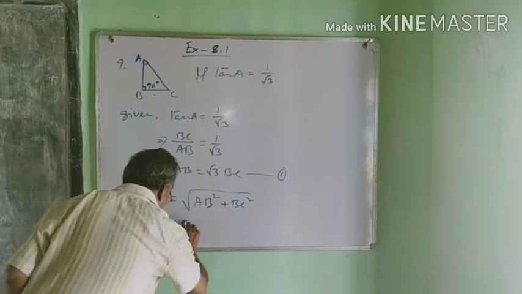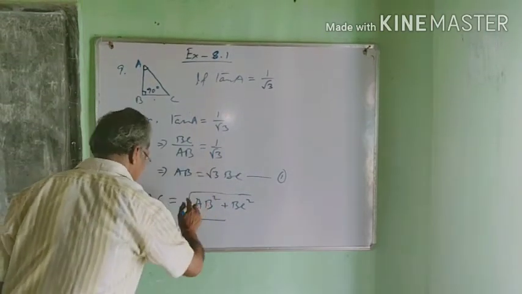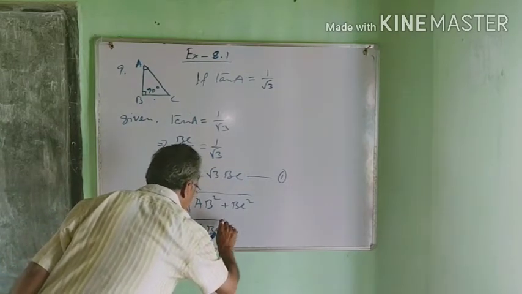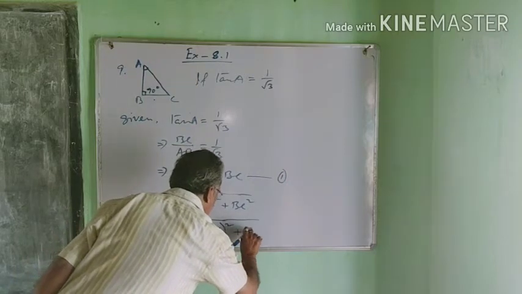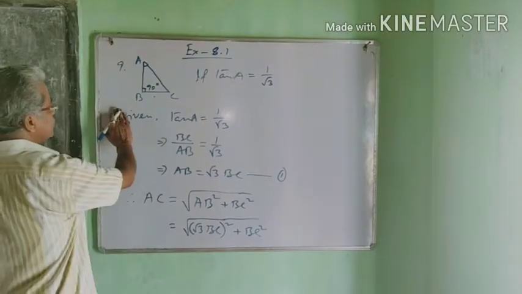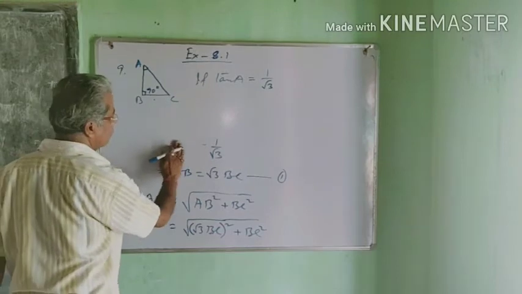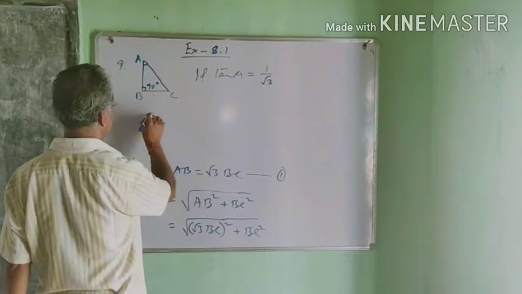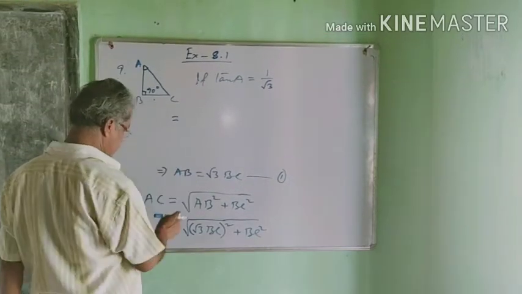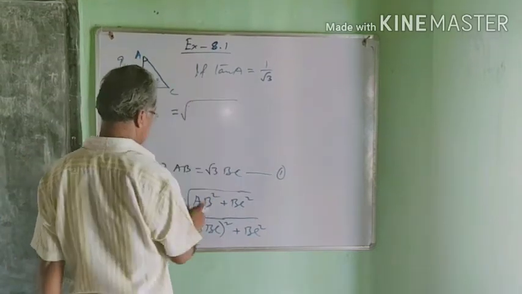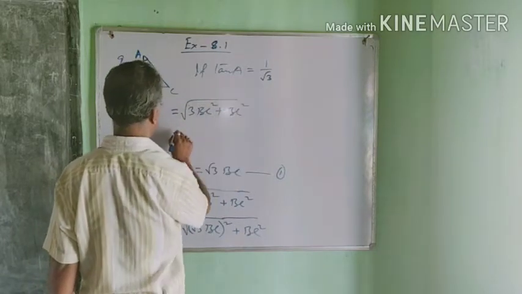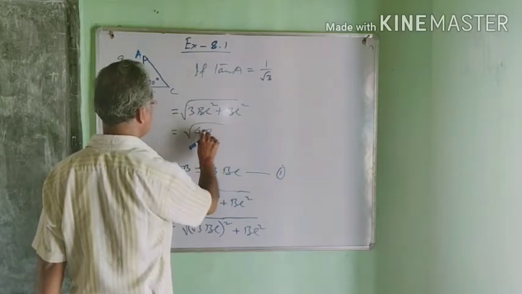Ultimately, what is AB? AB is root 3 BC. We can write root 3 BC whole square for AB square, and it is plus BC square. So ultimately what we get? AC is equal to root over 3 BC square plus BC square, which is root 4 BC square.